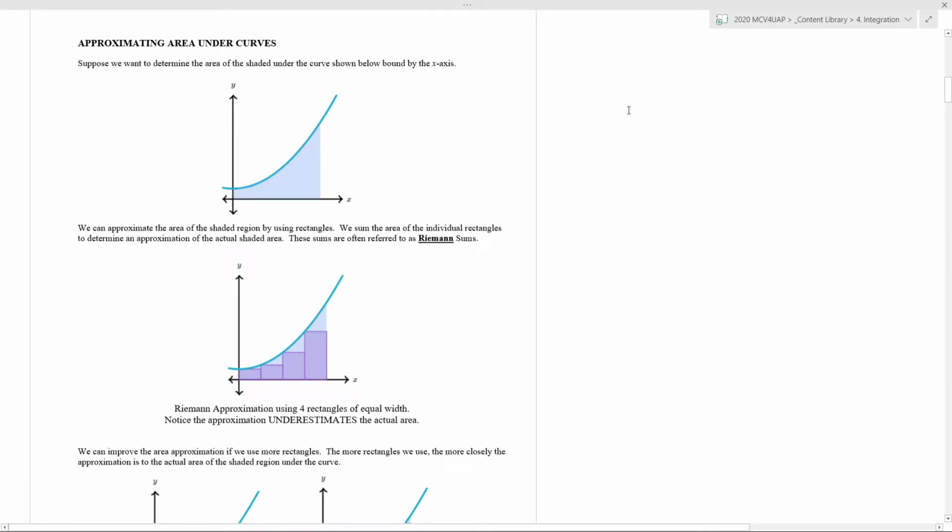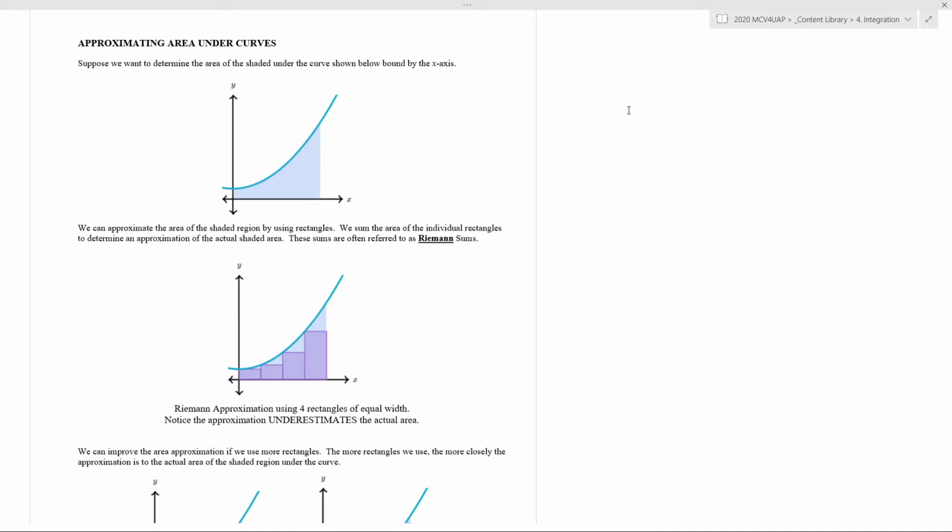So you can see, in that first diagram there, we've got a curve, and it's not so easy to come up with a formula for that shaded region under the curve bound by the x-axis. So that light blue shaded region, we're going to try and approximate regions that look like that, but there's no formula because it's not a geometric shape.